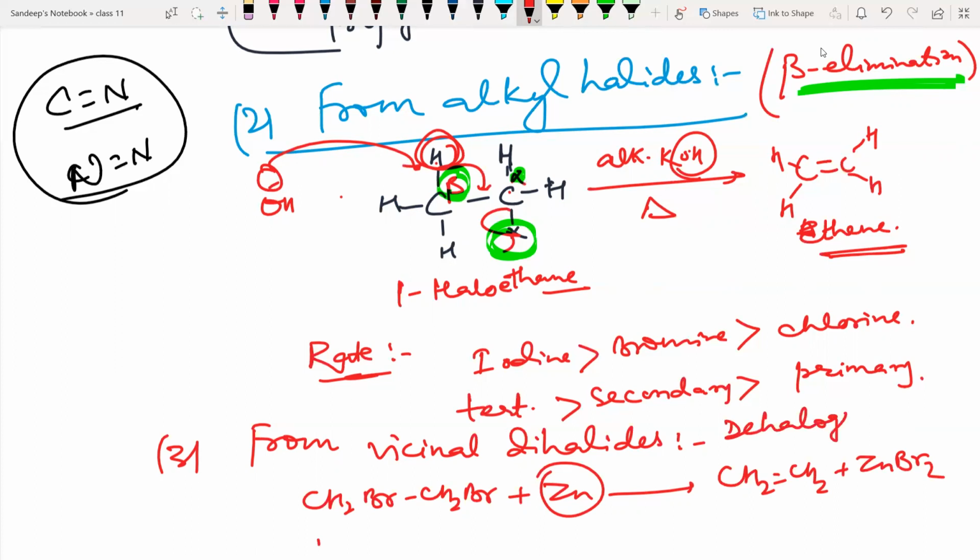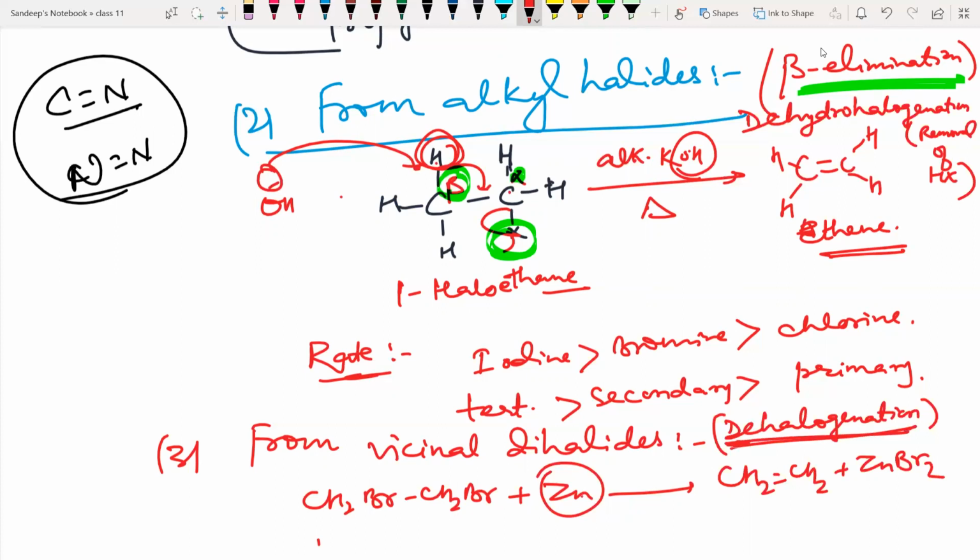Removal of halogen is called dehalogenation. De means removal. Removal of HX from an alkyl halide is dehydrohalogenation.